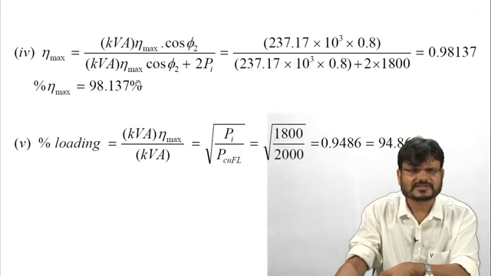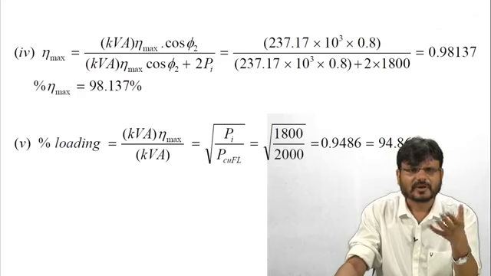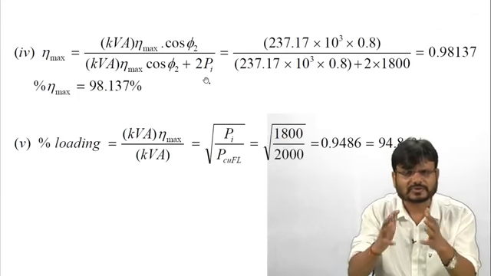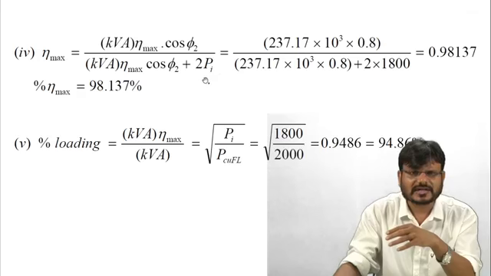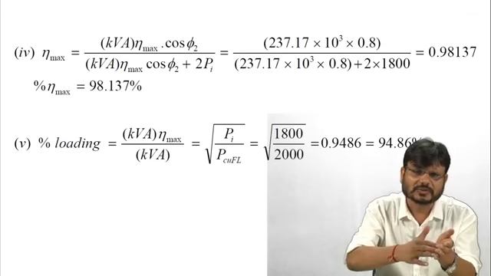So maximum efficiency can be calculated by this formula. At the time of maximum efficiency, copper losses are equal to iron losses. So here you have to note that you cannot write 2PC; what you write here is 2Pi, because you have to adjust copper loss equal to iron loss.